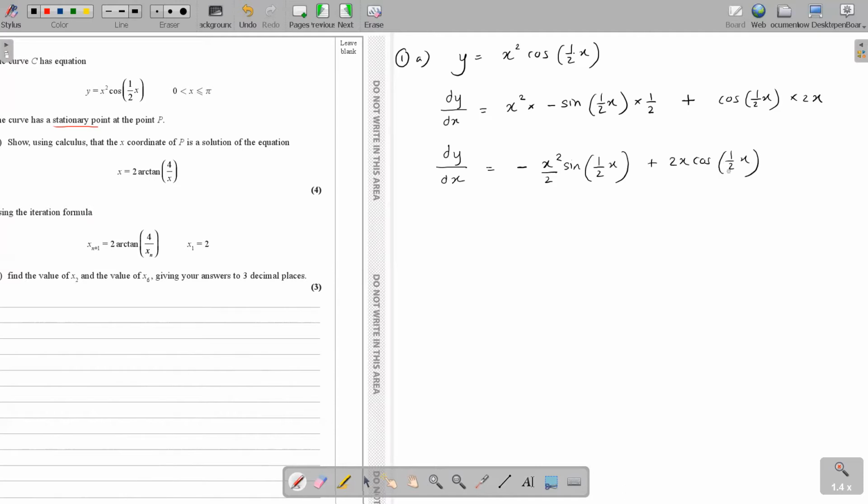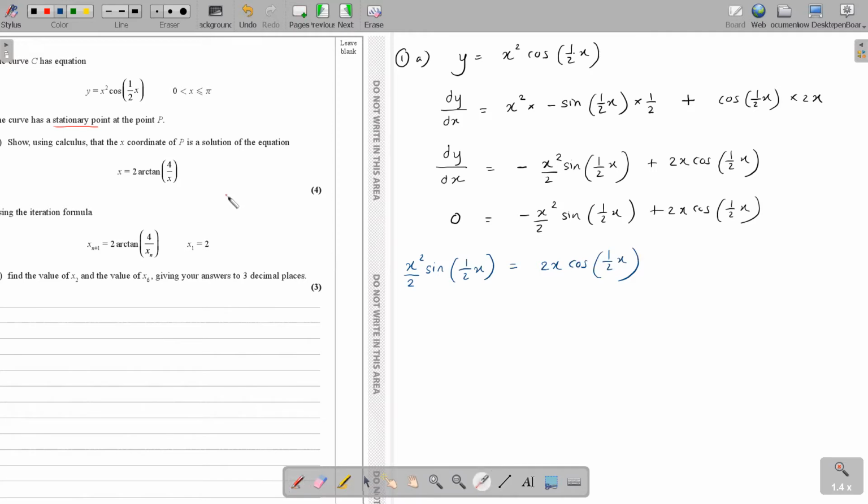Then you set dy by dx to 0 at the turning point. Now we need to simplify this. I will take the negative term to the other side as a plus term: x squared over 2 sine half x equals 2x times cos half x.